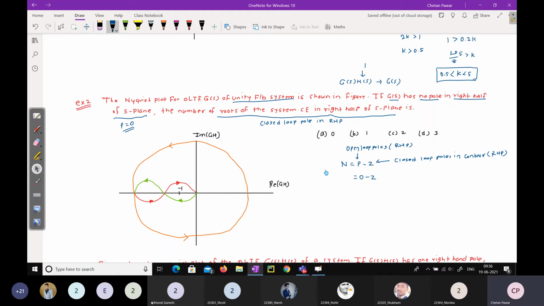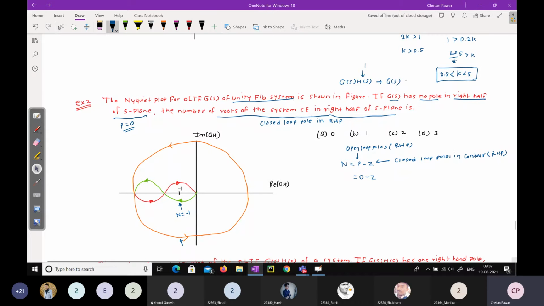So what is the value of N? Here you can see this is the -1 point, right? There is one clockwise encirclement, so N will be -1 at this point. And there will be one anti-clockwise encirclement, this one.